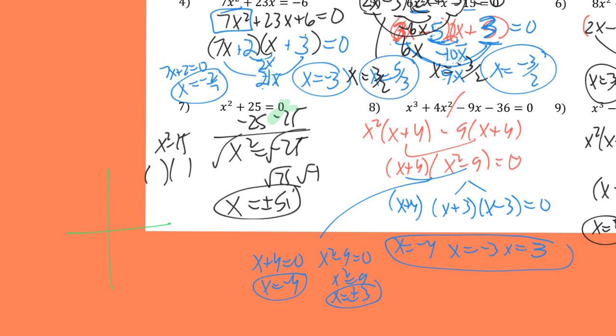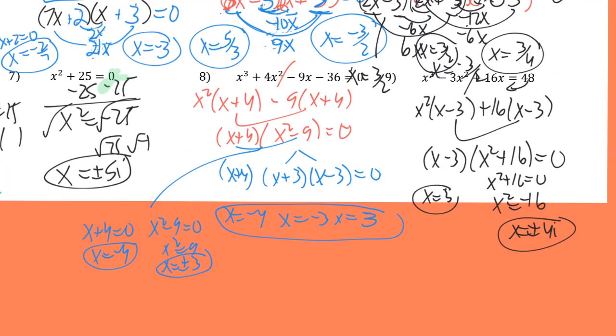I've got a parabola. The plus 25 raises it up 25. So where does it cross the x-axis? It doesn't. Notice there are no real solutions to problem number 7. So as evident in the graph of it, it never crosses the x-axis. It doesn't mean there aren't solutions. They're just not real.